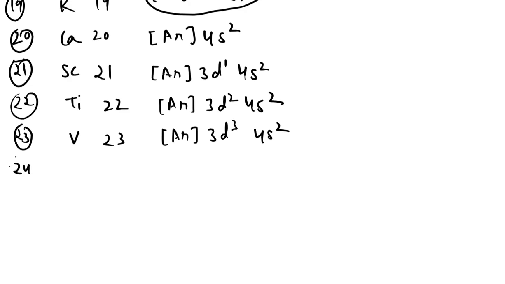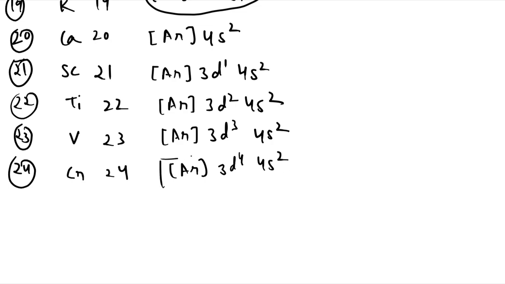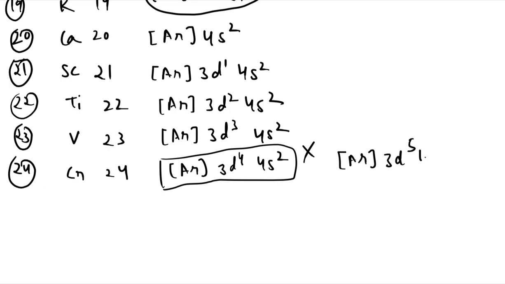Then we have chromium with atomic number 24. Its representation would be, any guess? It will be 3d4 4s2. You must be considering this as the configuration, but this is wrong. Rather its configuration is argon 3d5 4s1. This is a special case, and why this is so I'll explain in the next video.